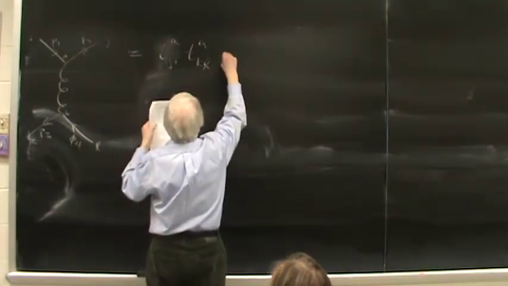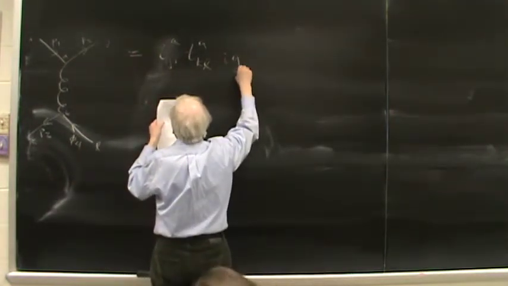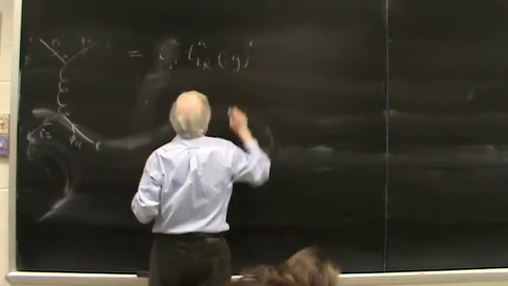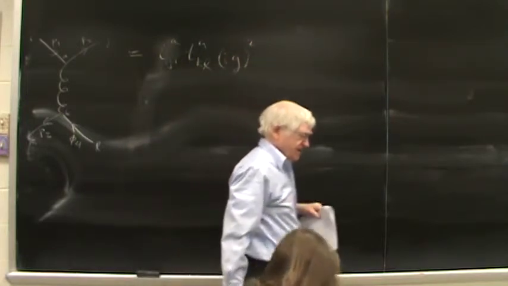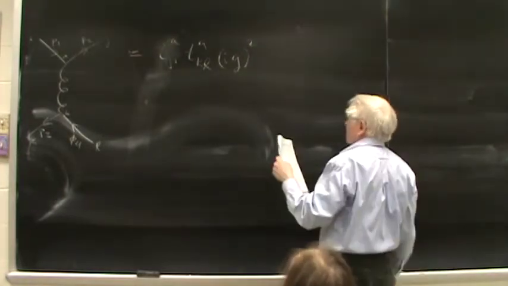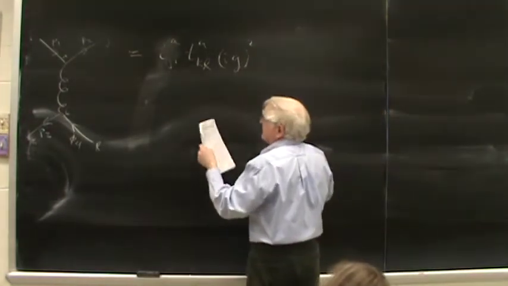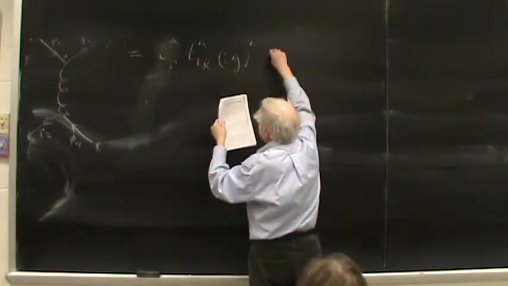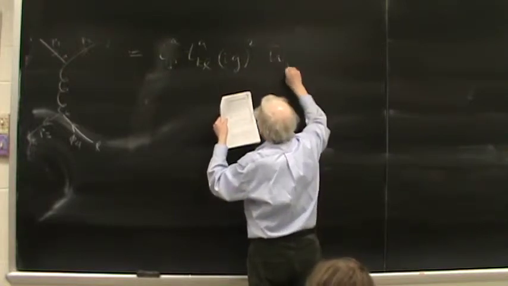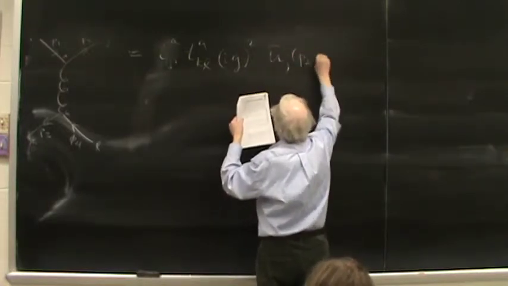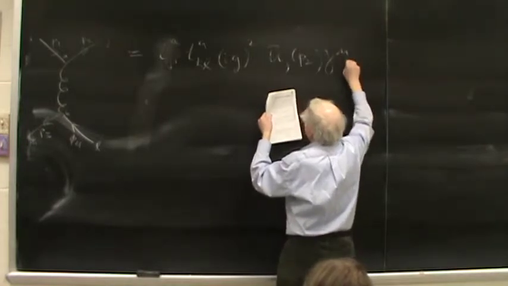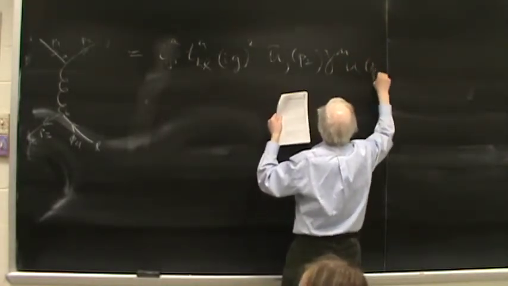And then there's an IG squared. Schwartz put an S for strong on the G, but I don't think we need that. And then the top part of the Feynman diagram is U bar J of P2 gamma mu U_I of P1.